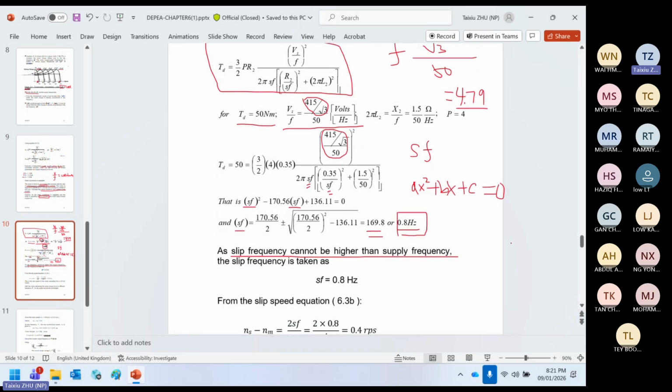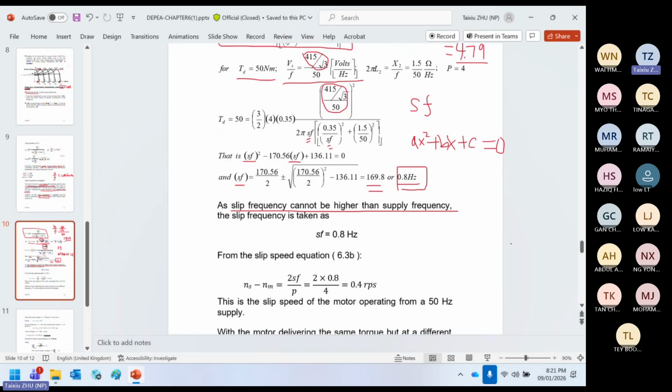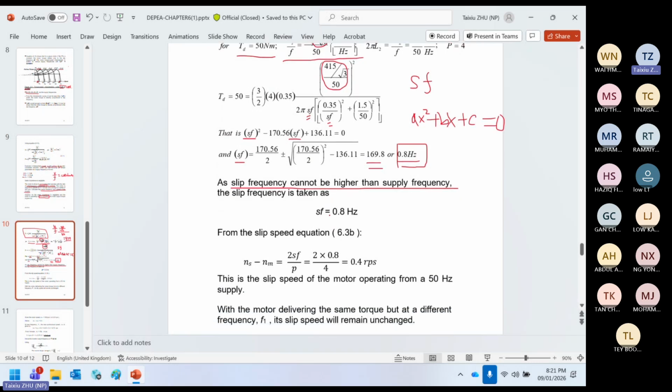Once I get the frequency right, I can correct the value here. Don't forget the slip times the frequency, you got this. Then from here, that is equation 6.3, you need to find the slip speed. This is important.